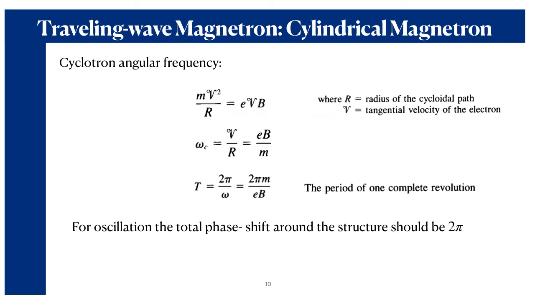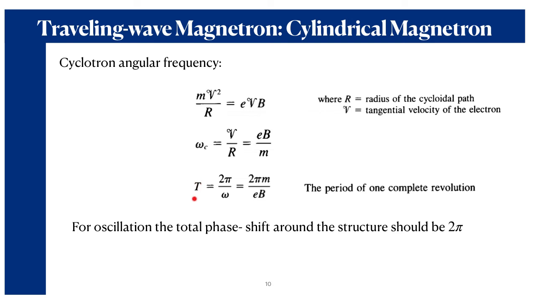So from here, the omega c I have already defined as this one, the electron charge to mass ratio times the magnetic field. From this expression, after a little rearrangement, you can see the result over here.